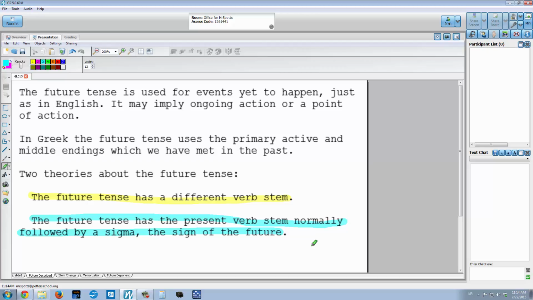And in Greek, instead of using a helping verb, before the ending, you have a sign, which is a sigma. That will normally be what changes about the stem. And so I think if you think of the sigma as the sign of the future tense, you will do very, very well with it. That's the way I would suggest going about it.